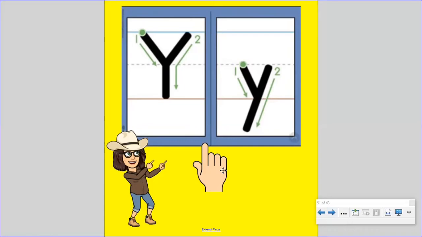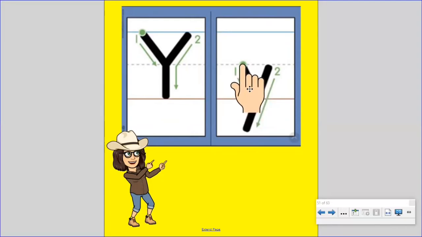Now let's use our magic finger to trace the letter Y. We'll start with the capital Y. Start at the top line, down, down, and down. That's the capital Y. Now the lowercase y.